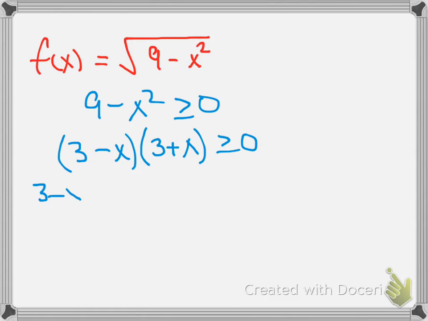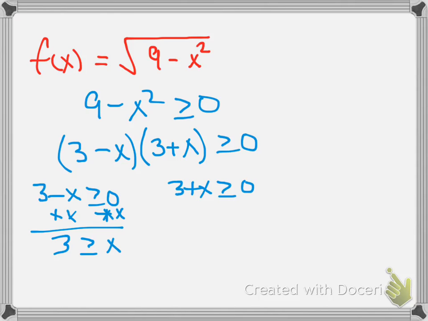So I got 3 minus x greater than or equal to 0, and over here I got 3 plus x greater than or equal to 0. Over here, if I add x to both sides, probably the best way to go, that's a plus, by the way, I get 3 greater than or equal to x, which if I flip the order around, I get x is less than or equal to 3. On the right side, I have moved the 3 over, and we get x greater than or equal to negative 3.